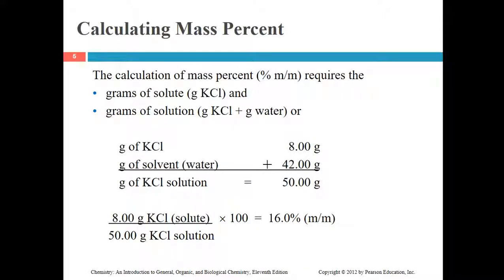The calculation of mass percent requires the grams of the solute, in this case the grams of KCl, and the grams of the whole solution, which is the grams of the KCl plus the water that you added. So you will notice when you get those values, you then plug them in. 8 grams of solute over 50 grams of the whole solution times 100 is going to give us 16% mass over mass.